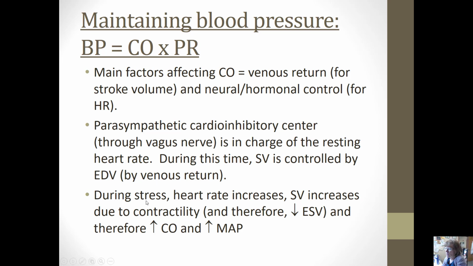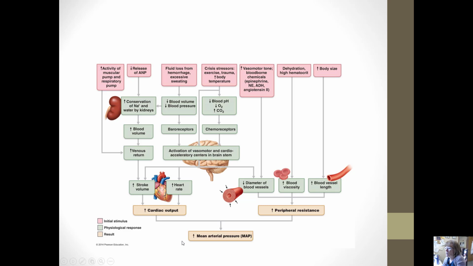But during stressful times, with sympathetic stimulation, our heart rate increases, and the stroke volume increases due to contractility, because our ESV, or end-systolic volume, decreases, and cardiac output increases, and mean arterial pressure increases. This is a really nice graph that just shows what causes all of these changes, and we're going to talk about every single one of these in just a few minutes.